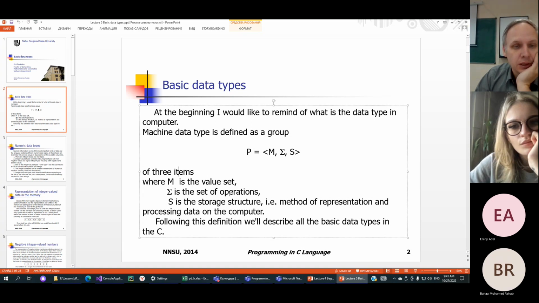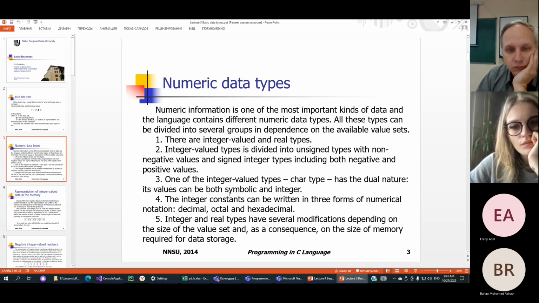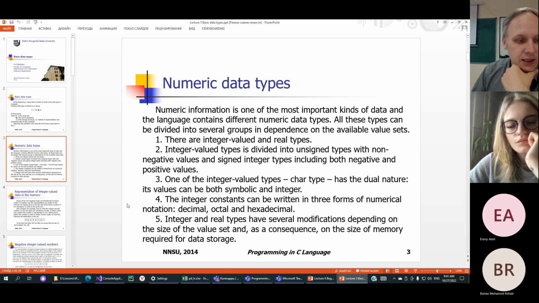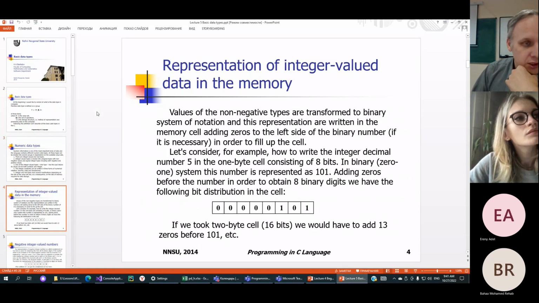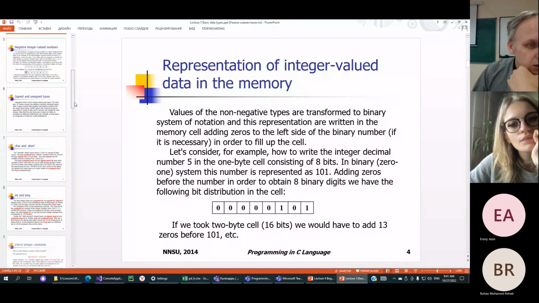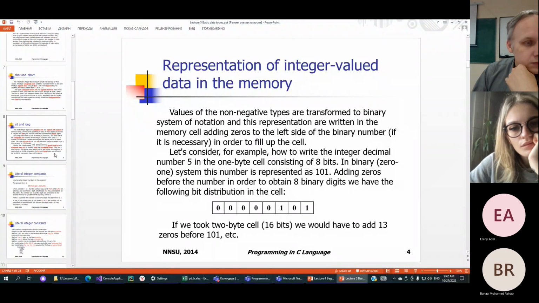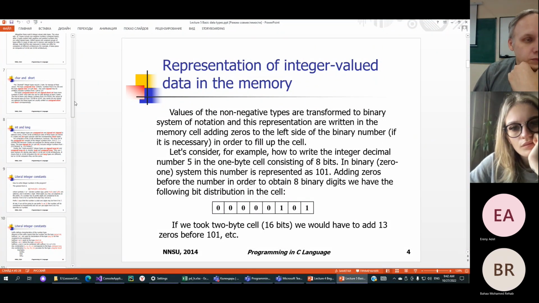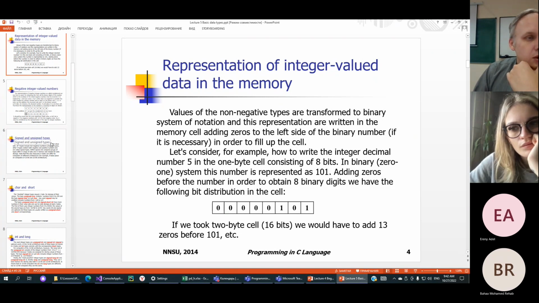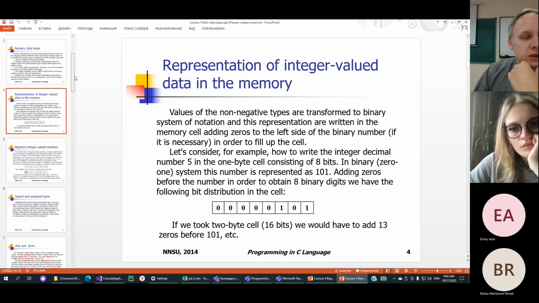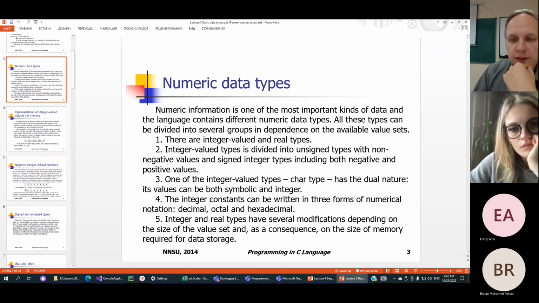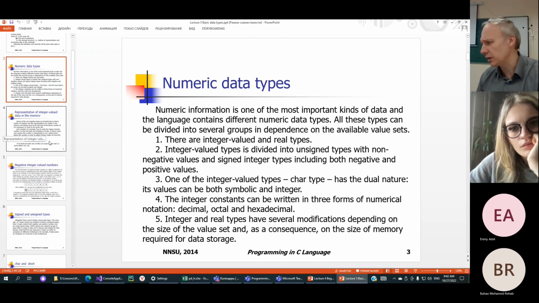Well, and let's discuss in detail the integer data types. Well, I skip these slides that discuss the storage structure. Maybe we come back to these slides later.